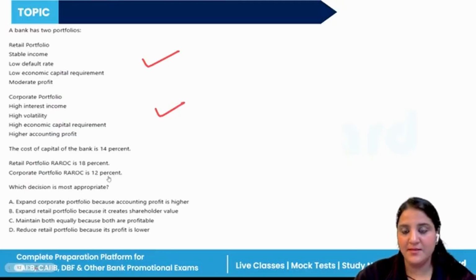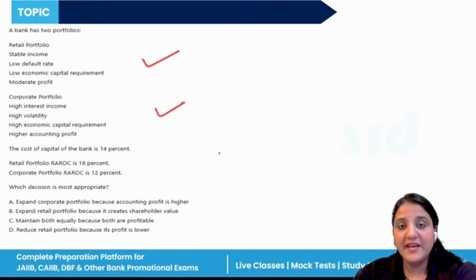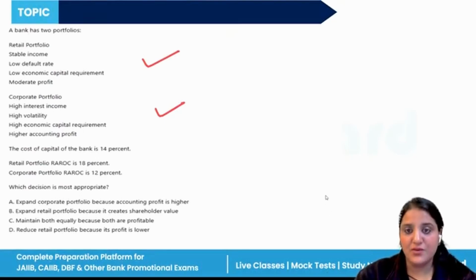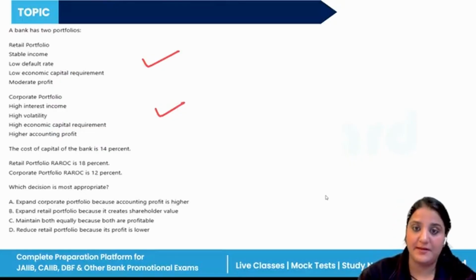So very simple answer. See, here the answer of this question is that the corporate portfolio shows you the higher accounting profit, but its RAROC is only 12%, which is lower than the cost of capital of 14%.